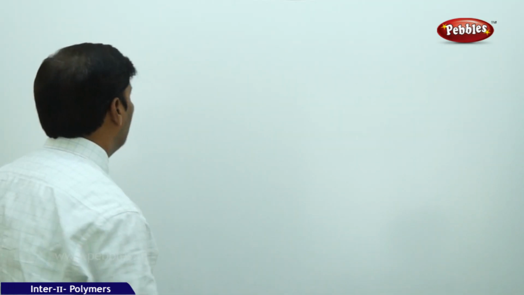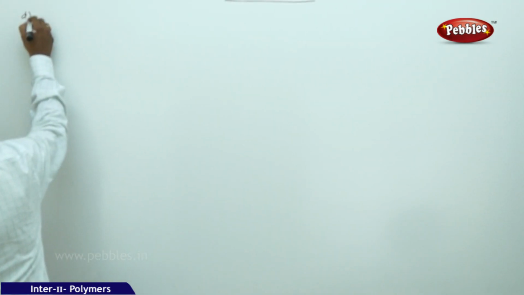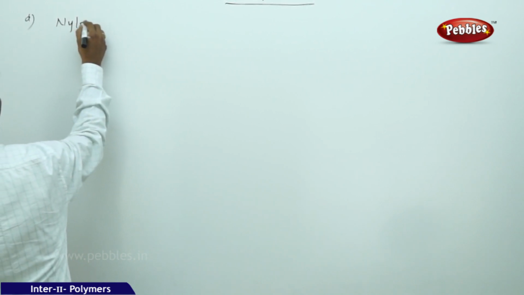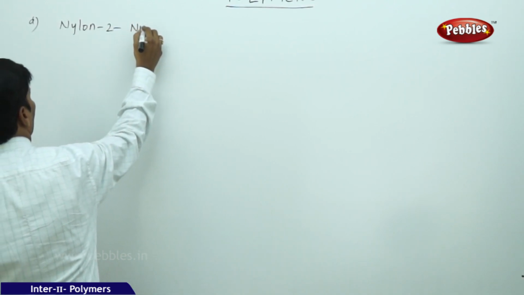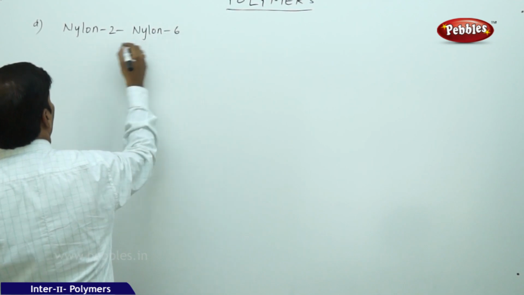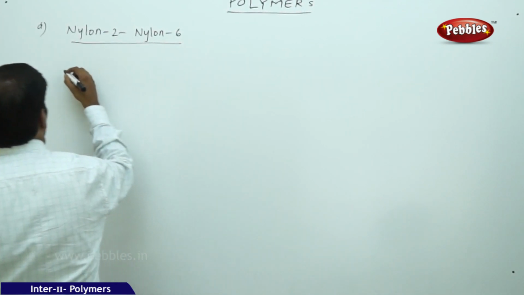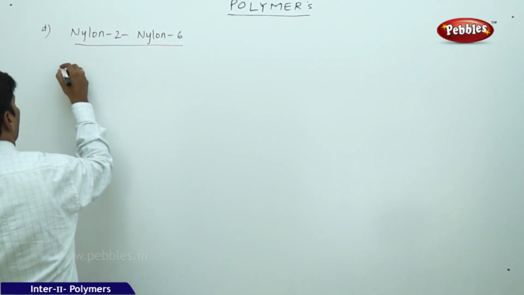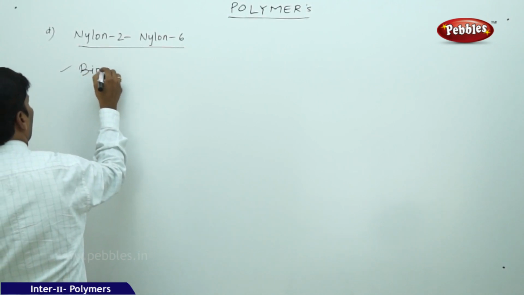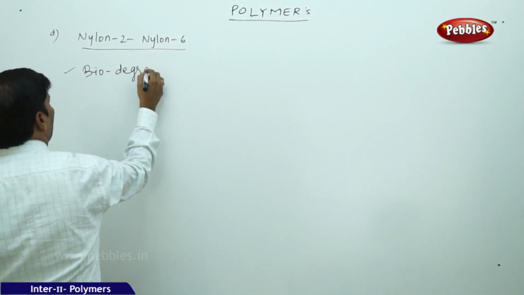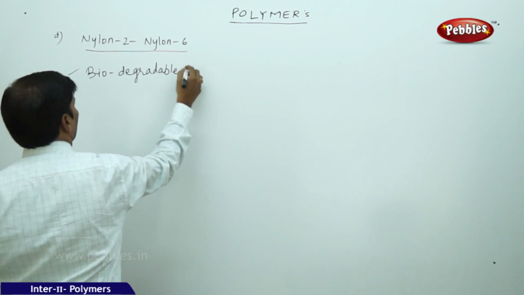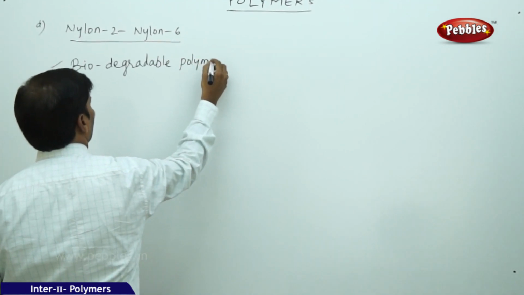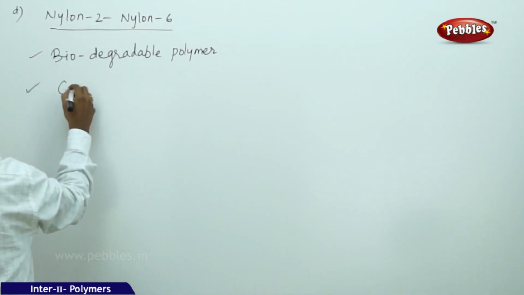So the last part of the biodegradable polymers is nylon 2, nylon 6. It's a biodegradable polymer, and it's a copolymer.